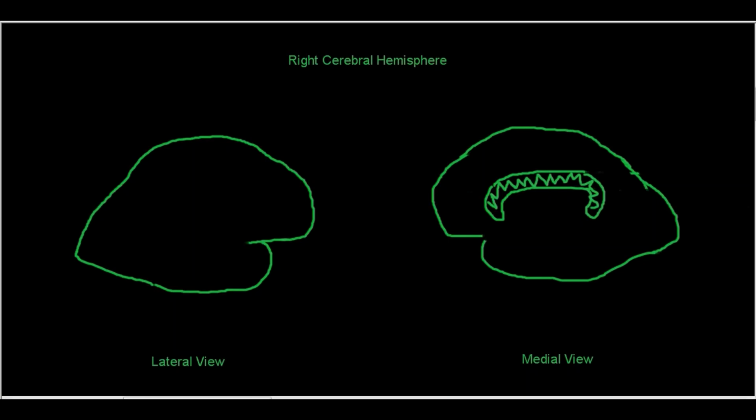This is actually a sagittal section of the corpus callosum. We talked about that before. It's the greatest commissure of the brain, that is the bundle of nerve fibers which connects both the cerebral hemispheres together. So this corpus callosum appears as a C-shaped structure in the sagittal section.